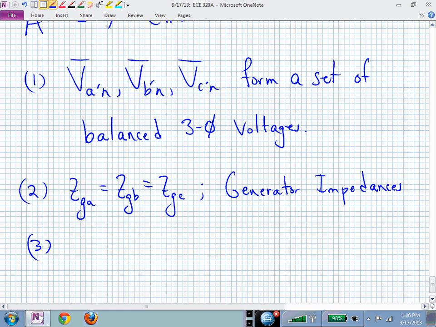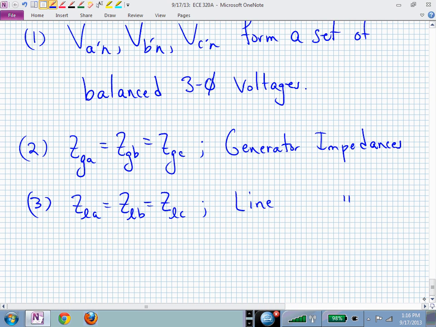We can say the transmission line impedances in each phase need to be the same. And that was this Z sub LA, Z sub LB, and Z sub LC. And finally, we need our loads to be the same.